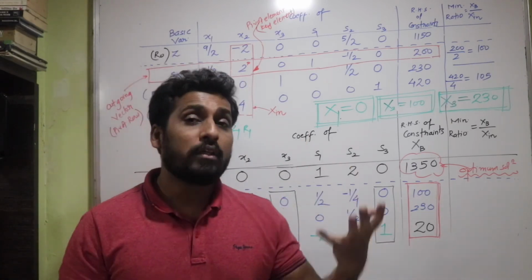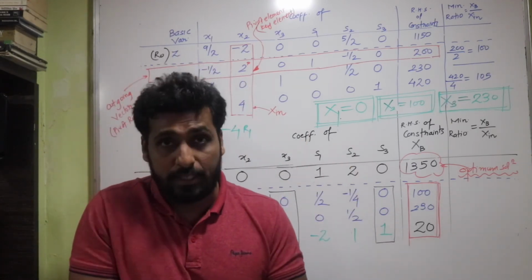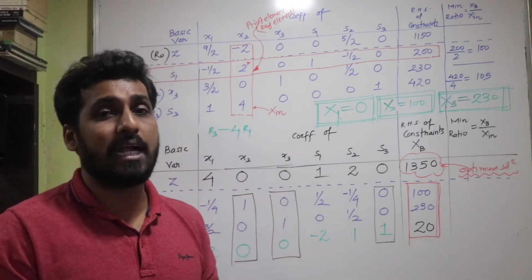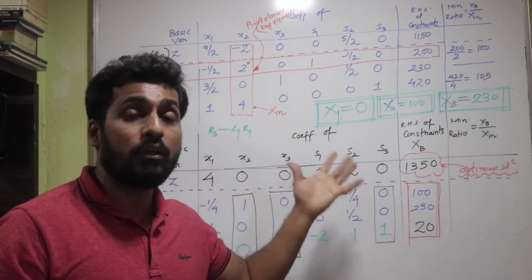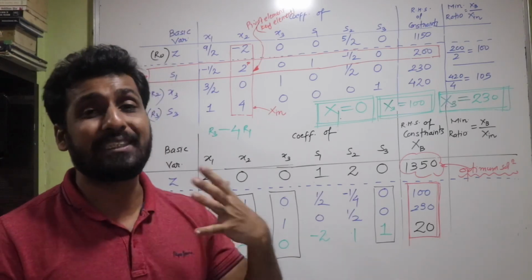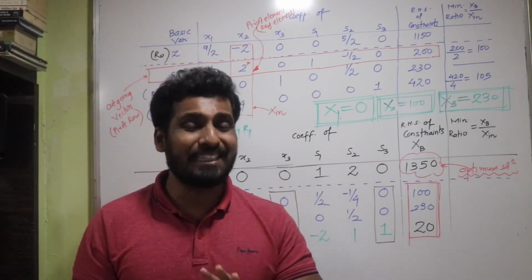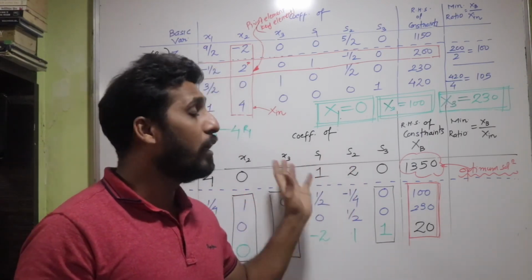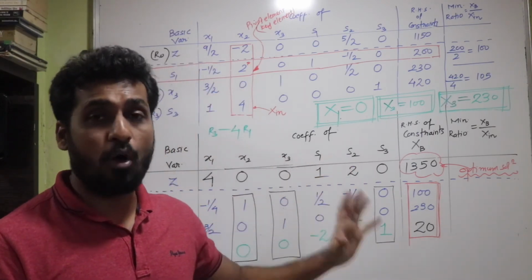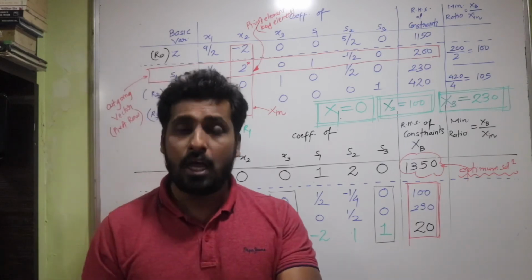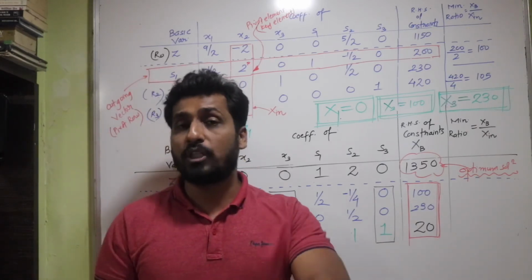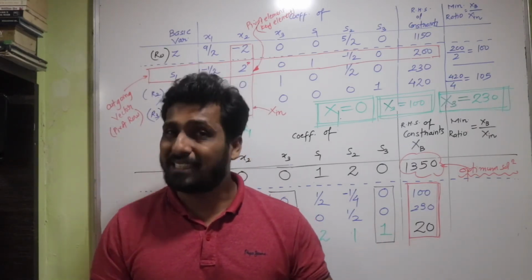I know the question is too lengthy, isn't it? But we have to understand it. We have to understand how things happened over here, what steps we have taken care of. So remember, there are only a few things that you want to remember while solving a problem on the simplex method. The first thing is that the objective function should always and always be of maximizing type.